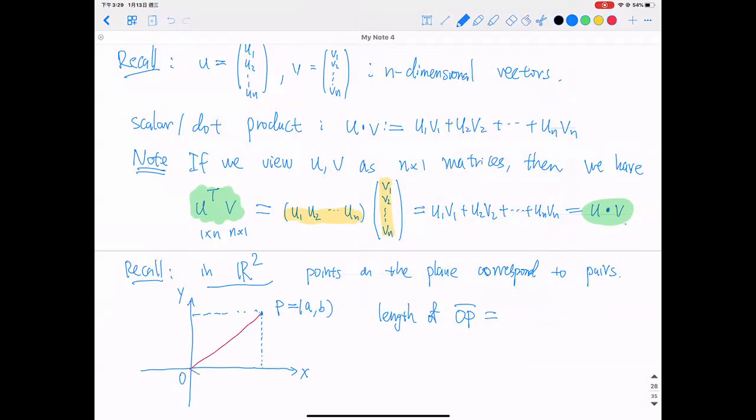So first of all, this projection here, this is a. This projection is b. That's how the coordinates of the points are supposed to work. So that means this length is a and this length is b. So by the Pythagorean theorem, the length of the line segment OP is the square root of a squared plus b squared.